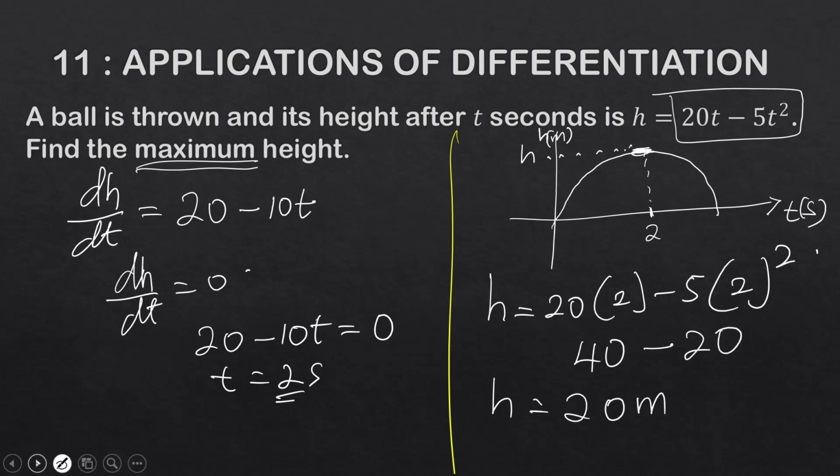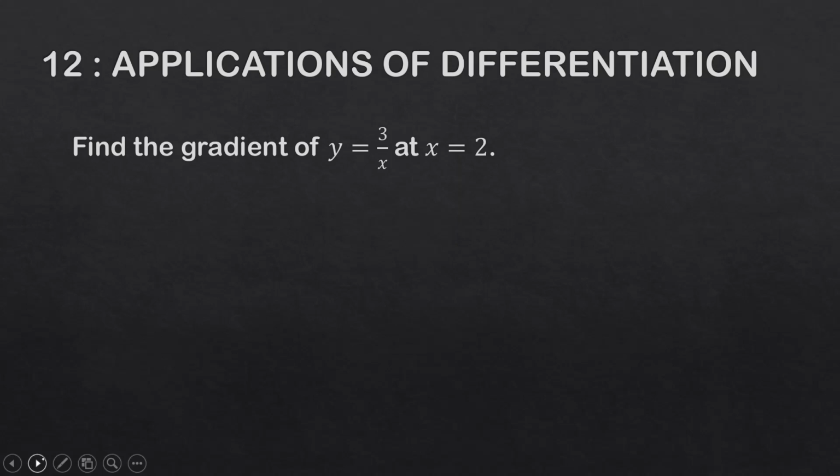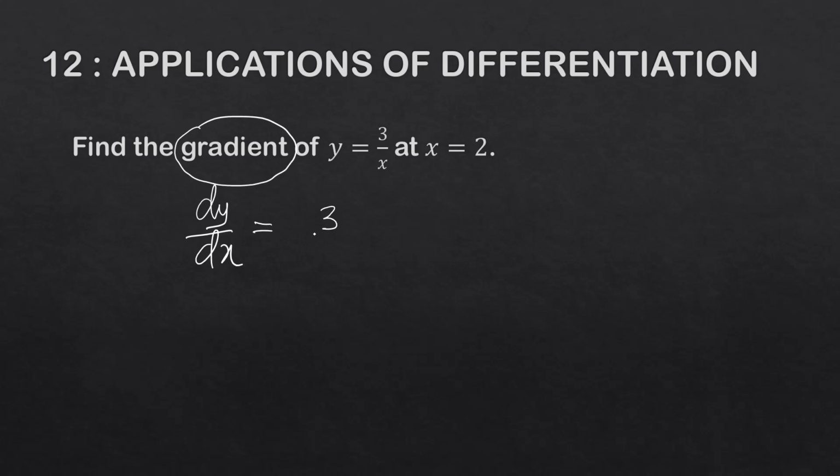Number 12, they said find the gradient of y equal to 3 over x at x equal to 2. So to differentiate this, I'm going to have dy/dx, because gradient is dy/dx.